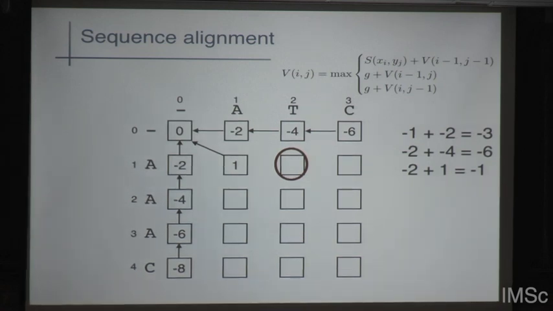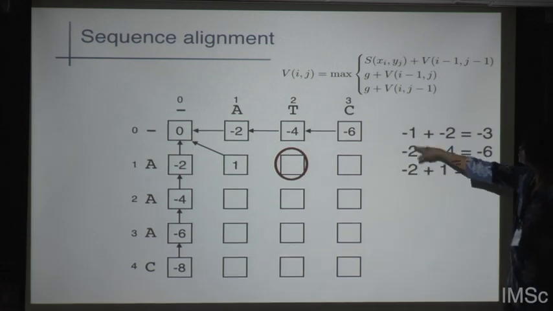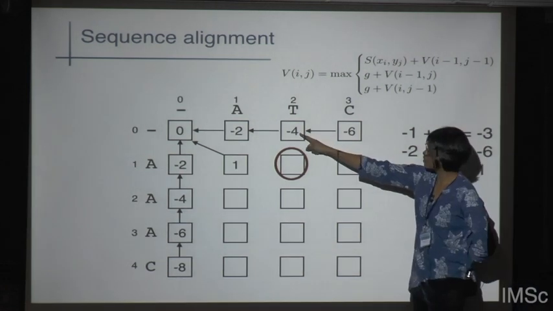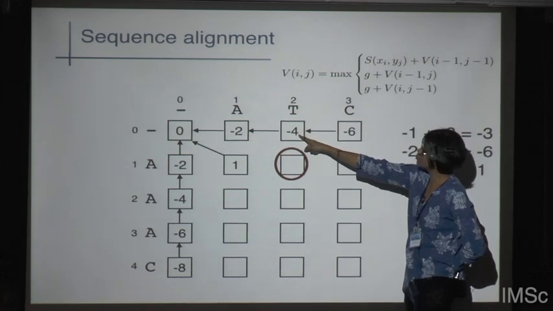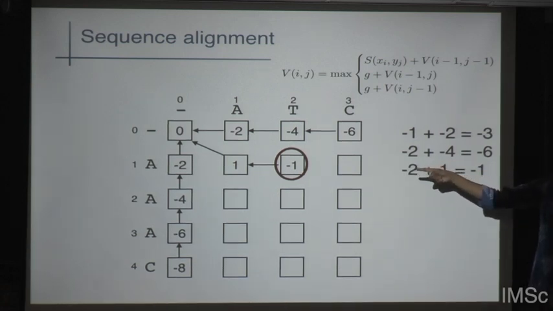Alternatively, you are going to extend a gap, so that's a -2 plus the i minus 1, j value. So the minimum is -1, and this time you come from the left side node. So far, yes?